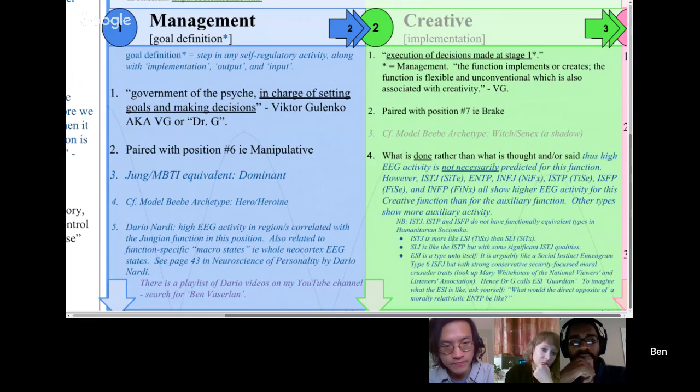Do you have any comments, Monica, about the lead function? Well, I read somewhere, probably in a book from Naomi Quenk about the inferior function, that this is something people really want to do sometimes.